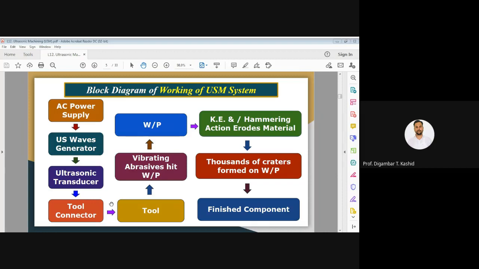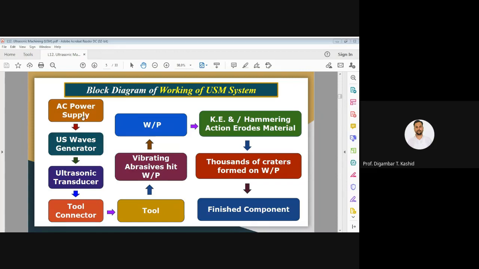Now let us see the components which are required in this conversion. First we have to take the electrical energy, that means we need an AC power supply. Then to generate the ultrasonic waves, we require a generator.